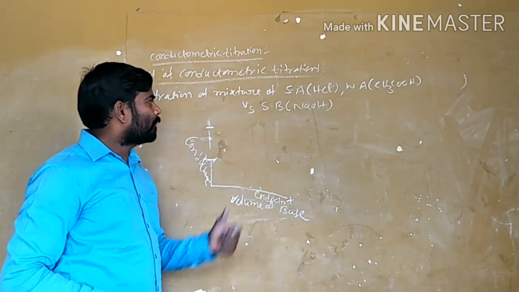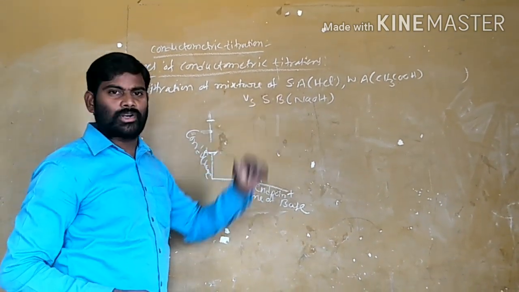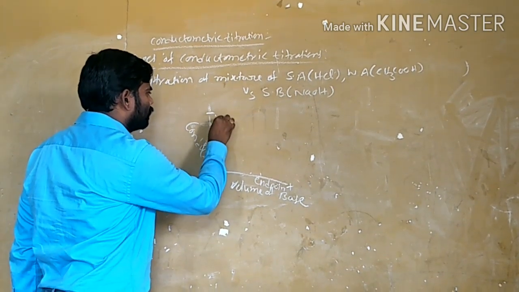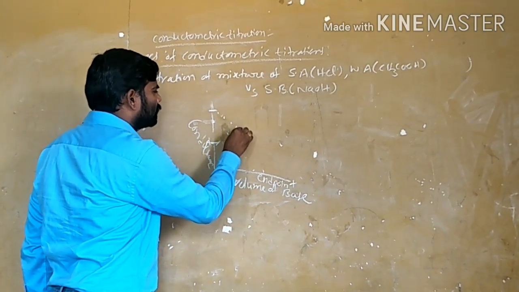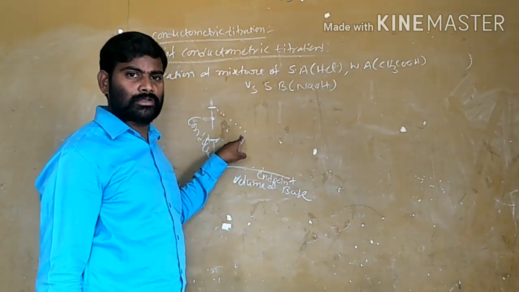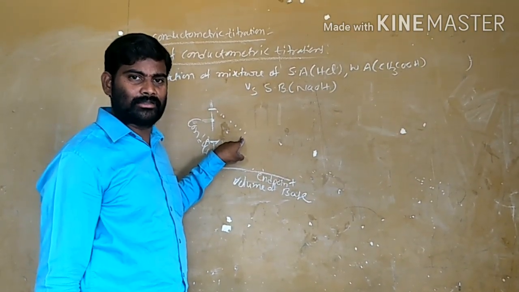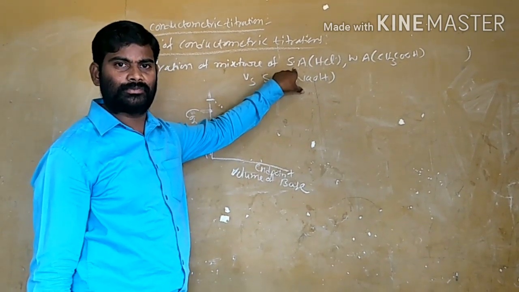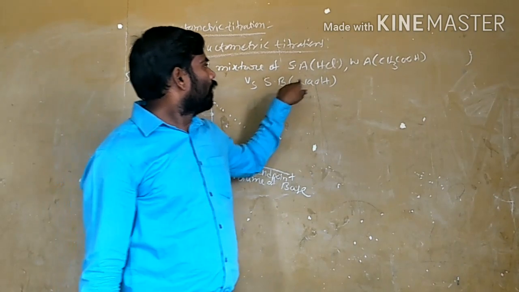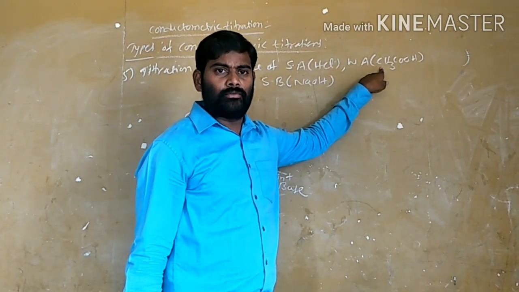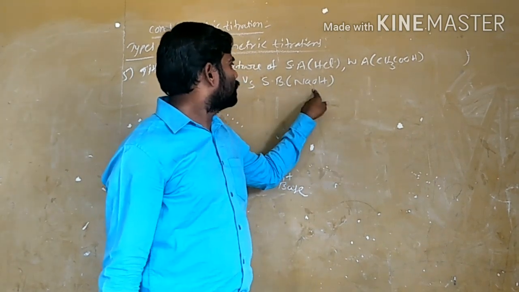We are adding the strong base. Already we discussed the case of strong acid and strong base: we get a curve like this, because the fast-moving H plus ions are replaced by the slow-moving Na plus ions. That's why the conductance values slightly decrease. Then after complete neutralization of this strong acid, now the weak acid starts ionization.